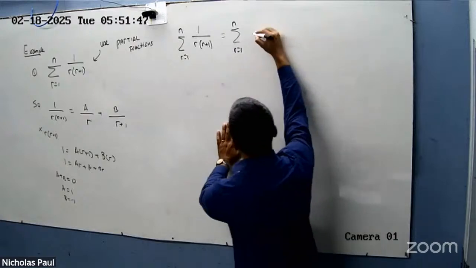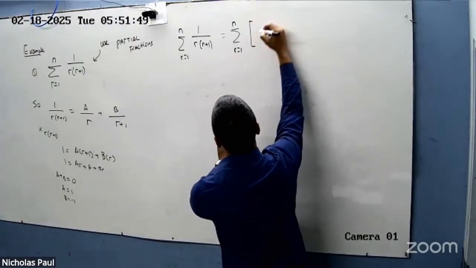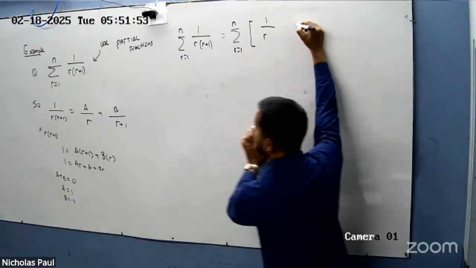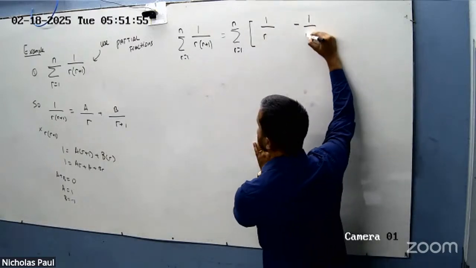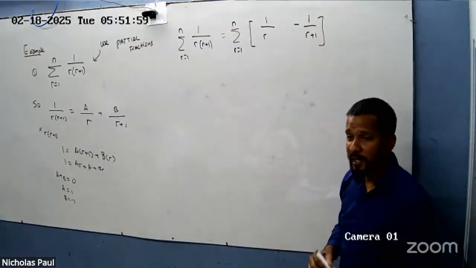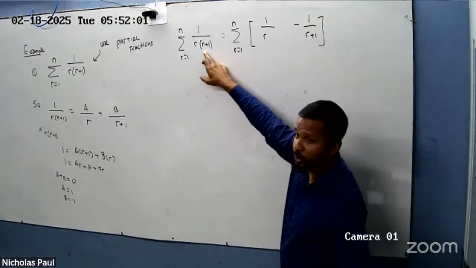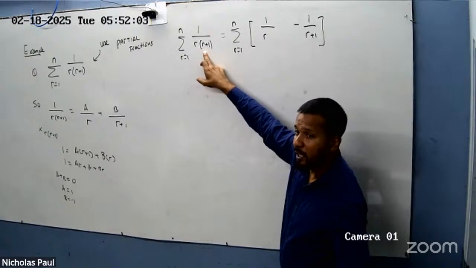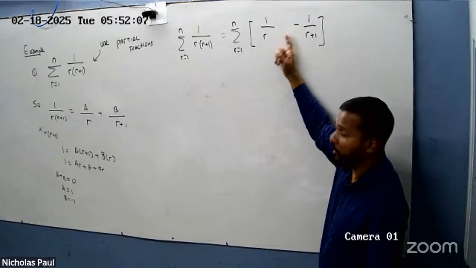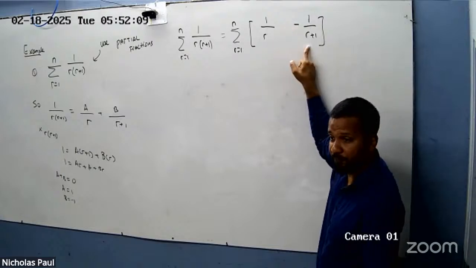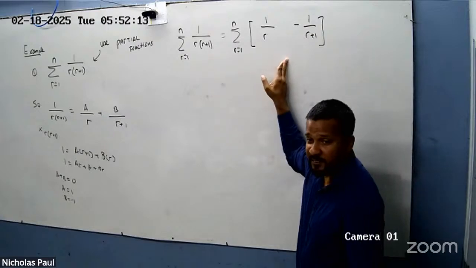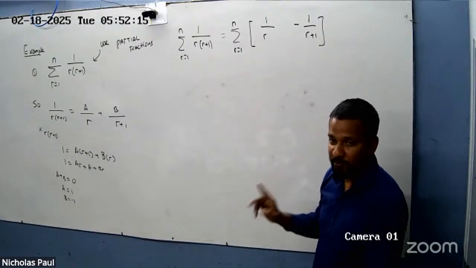So I could write it like this: open brackets, 1 over r minus 1 over r plus 1. That's okay? So I took this expression and I broke it up in terms of two terms with a minus in the middle. So this is the difference here.